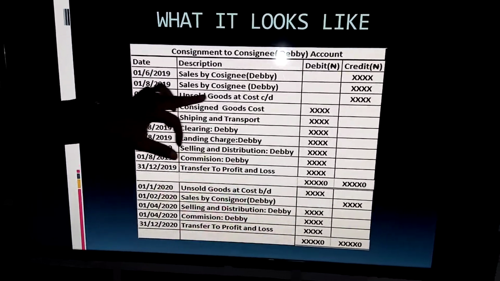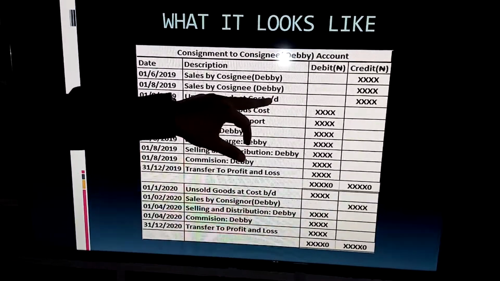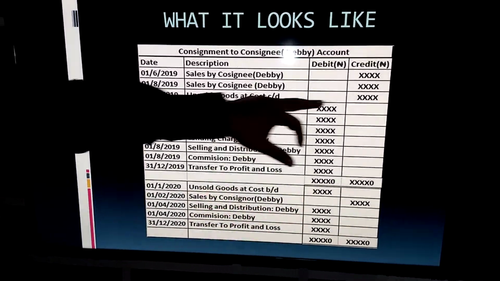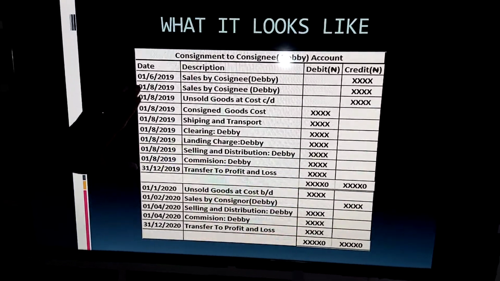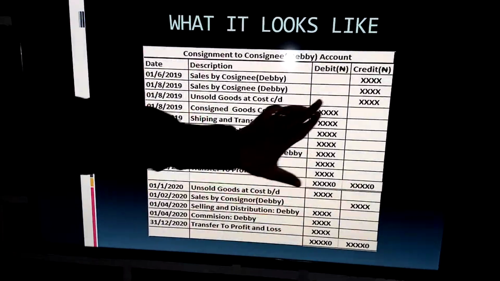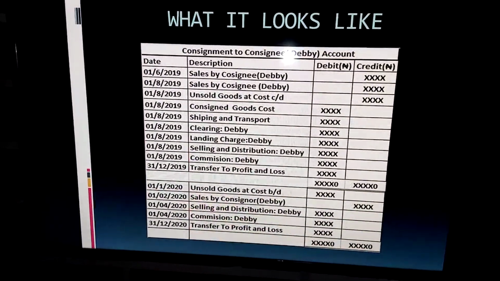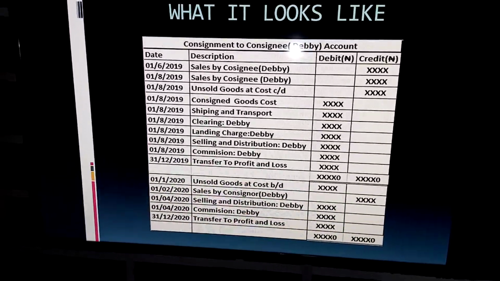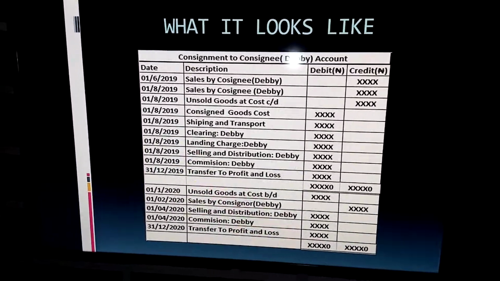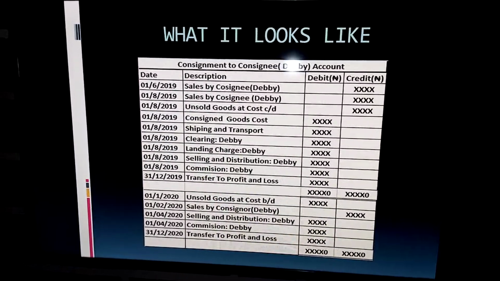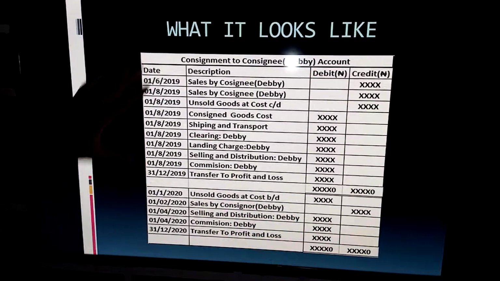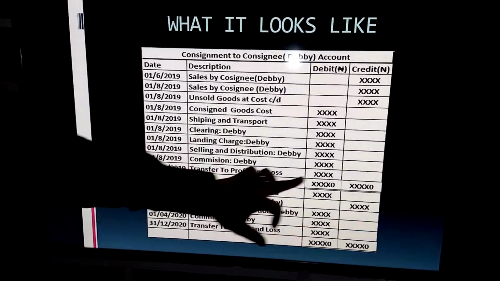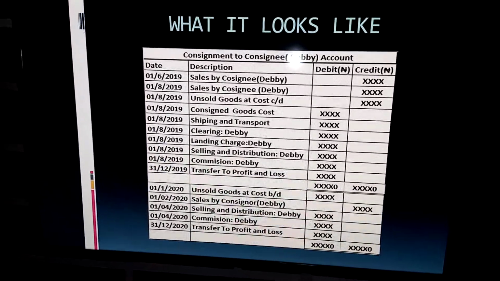So we have unsold goods at cost carried down. Okay, so that's how we adjust for it, and then we still go ahead to debit all the expenses, including the cost of transporting, clearing, selling, and distribution, and whatever expense incurred by both parties. Put it here to get the profit that will be transferred to the general profit and loss account.